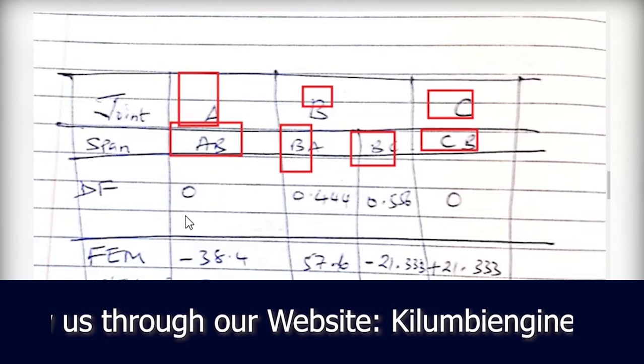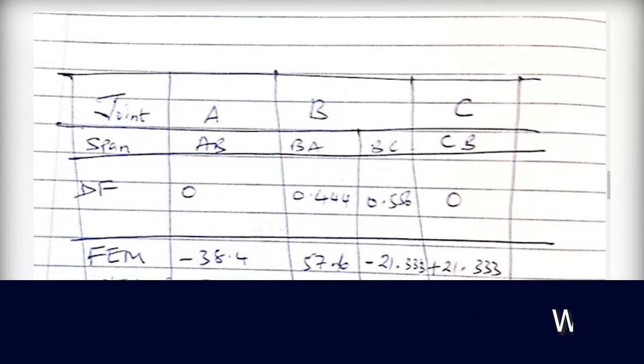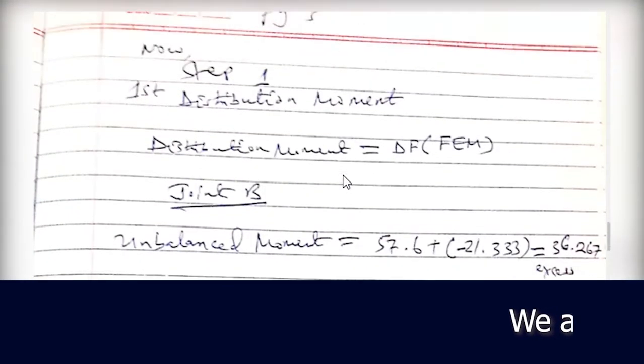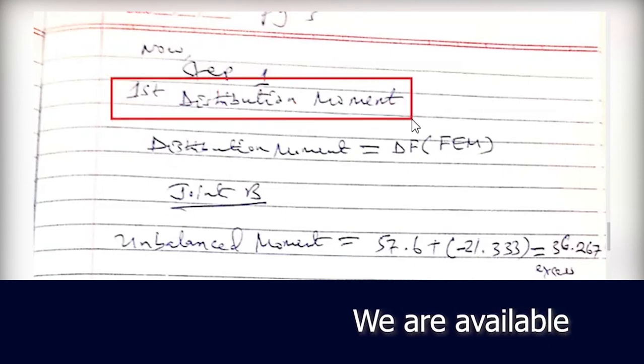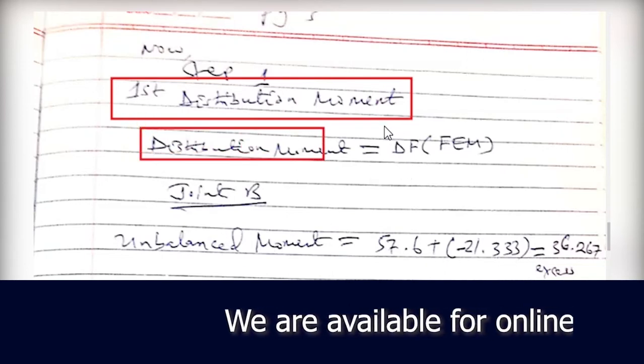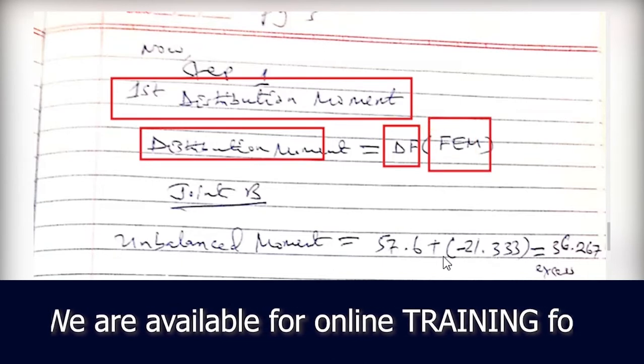Now, before I proceed, let's note something very important. This is the so-called first step. In the first step, we consider the distribution moment. The distribution moment is the DF factor times the fixed end moment.